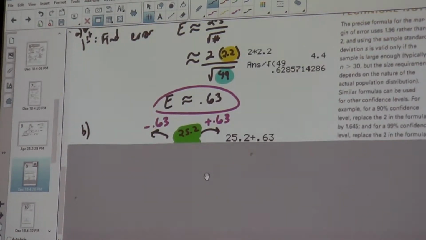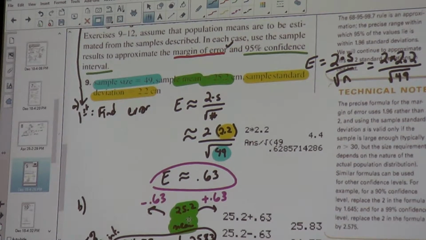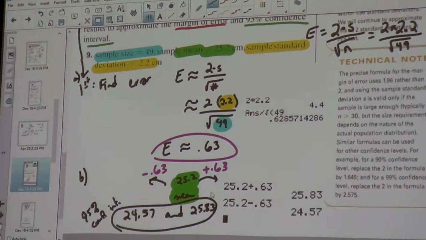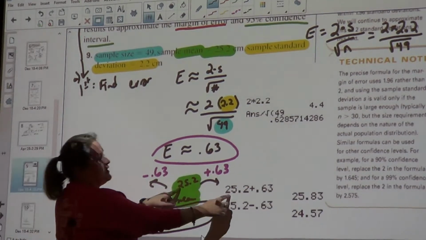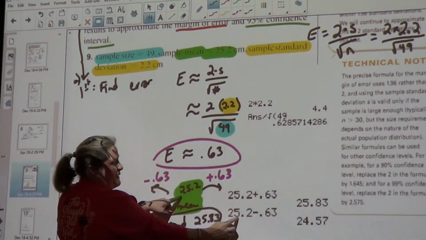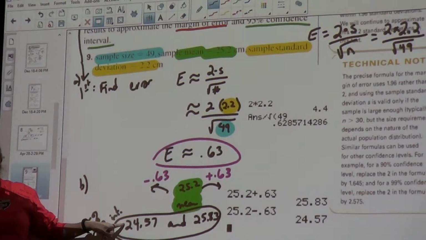So I'm going to come down here, I took my mean, I color coordinated it for you. I took my mean and I wiggled off my mean. So I did my mean plus the error and my mean minus the error. That gave me my confidence interval.